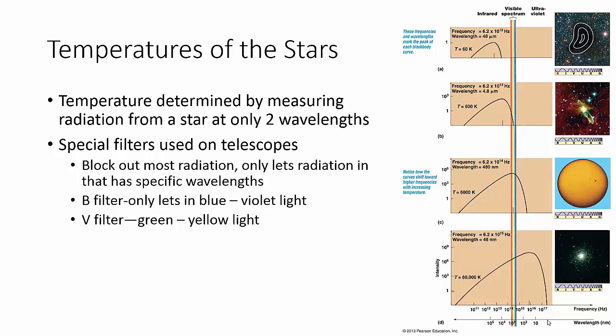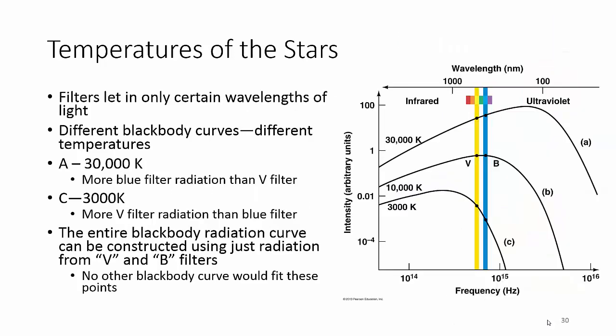And by looking at those two wavelengths, you'll be able to figure out its black body spectrum, because no black body spectrum is the same. They're all unique. Alright, so here's an example: three different black body spectrums using those two filters. And you can see line A. It's actually peaking closer to the ultraviolet.